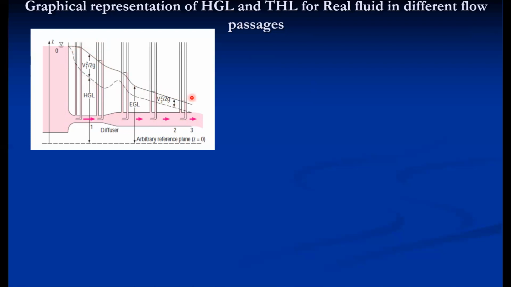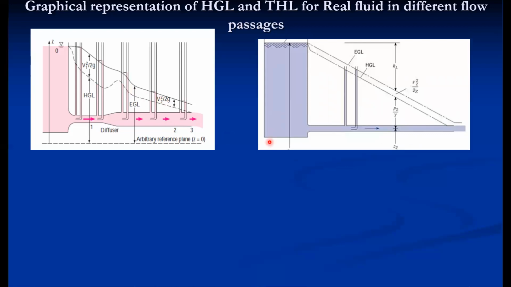Whenever the real fluid flows through the passage, there is always a decrease in head, irrespective of shape. There is always a fall of energy along the direction of flow. In another case, even though the pipe diameter is uniform, there is still a continuous decrease in pressure head.